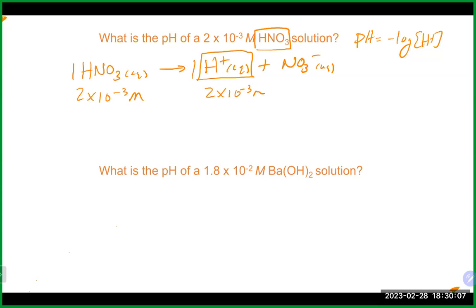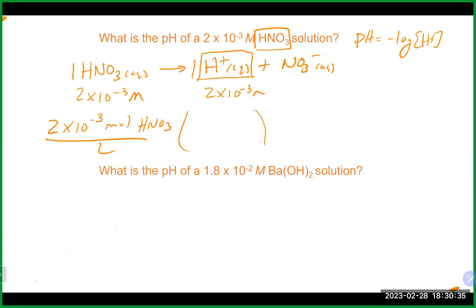If you remember how concentration works, if it's a 1-to-1 relationship between the whole thing and an ion, the concentration is the same. If it's a 1-to-2 relationship, where it breaks apart into a couple of ions, then you need to multiply the concentration by 2. Just to remind everybody, that is 2 times 10 to the minus 3 moles per liter of nitric acid.